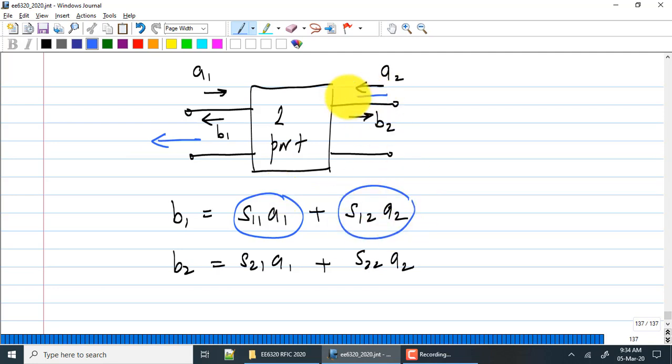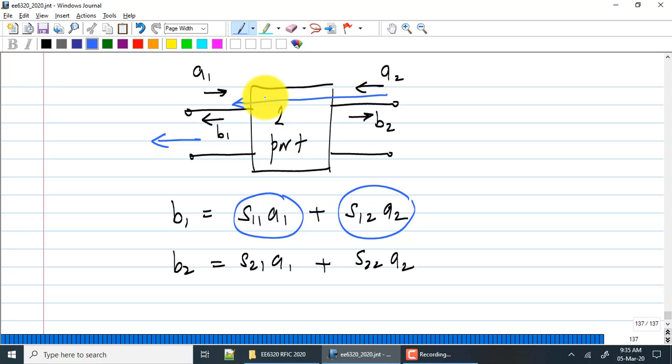If you just measured B1, it will have both components. So if you try to measure the reflection coefficient through a two port measurement, if your two port is not unilateral, what you will measure is a combination of both powers. It is not just S11. That's the point. Gamma is not just S11 for a two port.